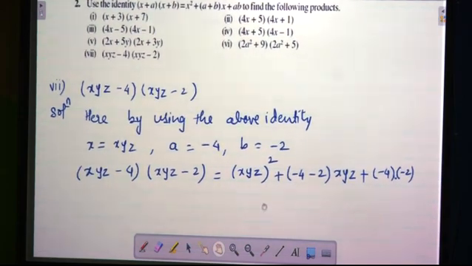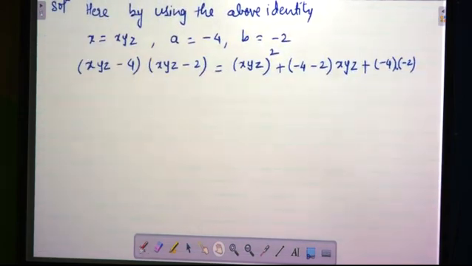Okay. Next step. This becomes x square y square z square, minus 4 minus 2, it becomes minus 6xyz. And what about the last term? Minus 4 into minus 2, it becomes plus 8.